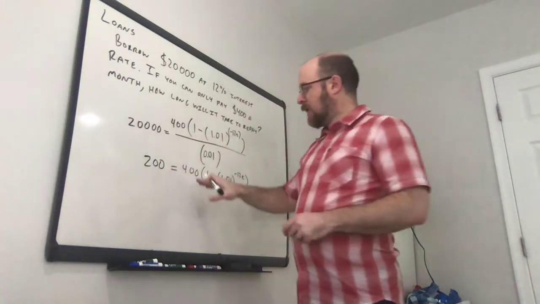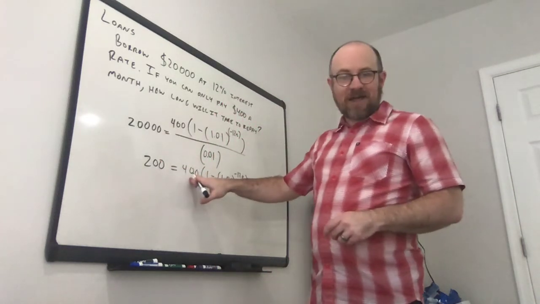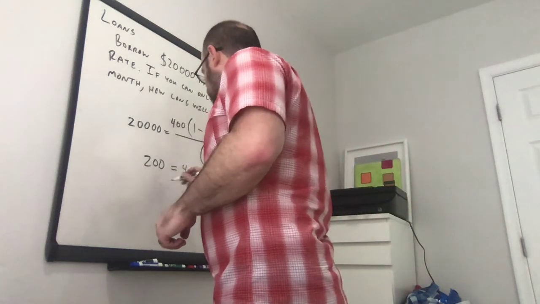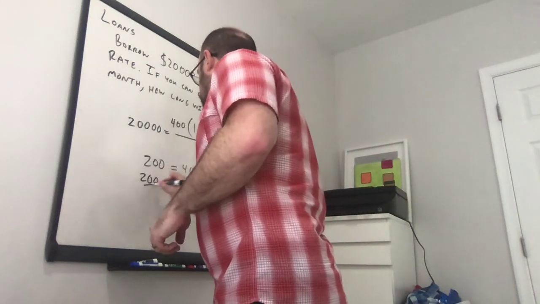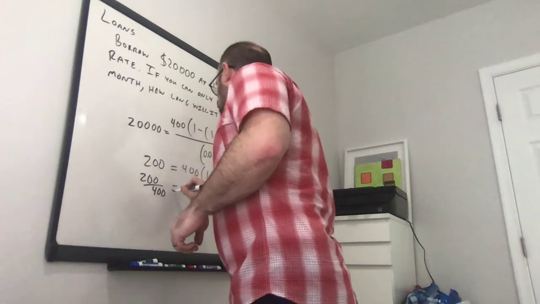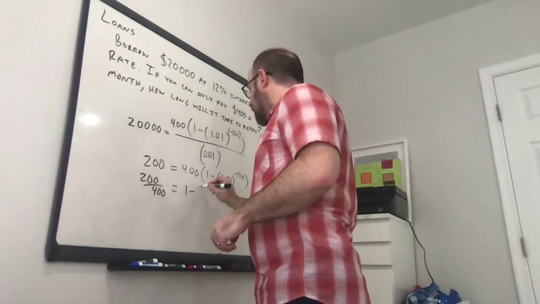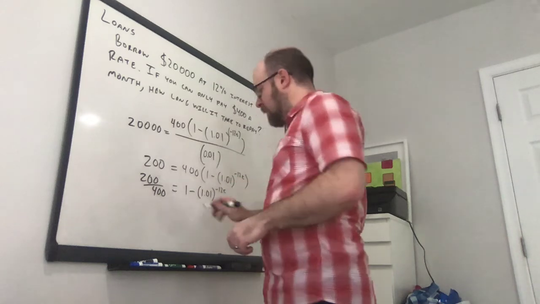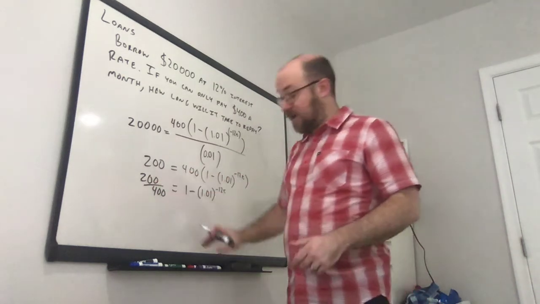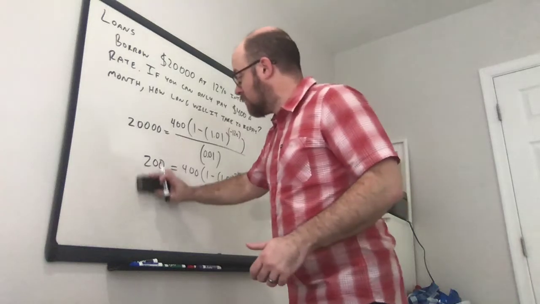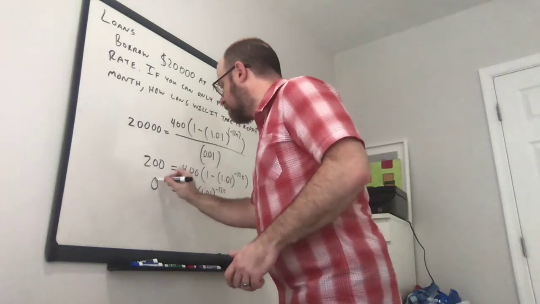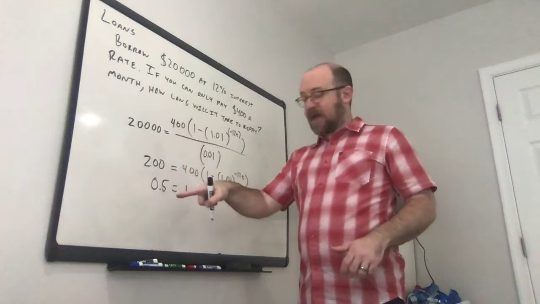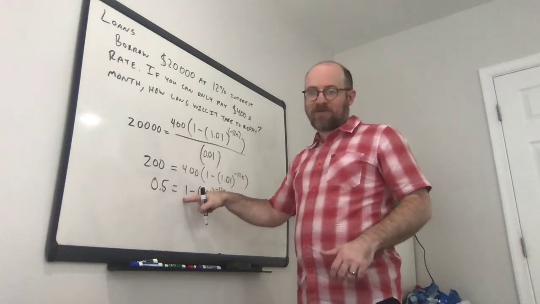Okay. We can now take both sides and divide by 400. So 200 divided by 400 equals 1 minus 1.01 to the negative 12t. Similarly, 200 divided by 400 we can simplify down. That's 0.5. Subtract 1 from each side.